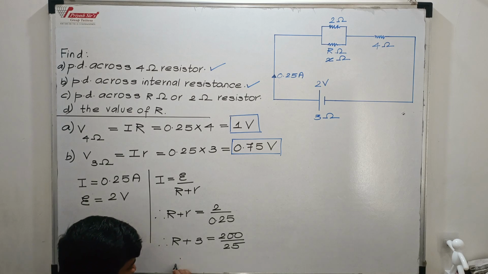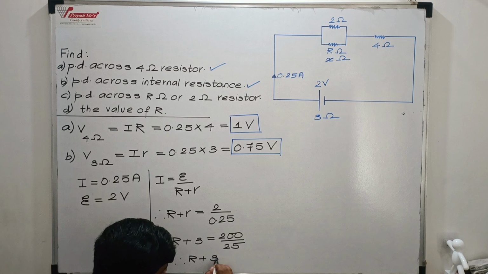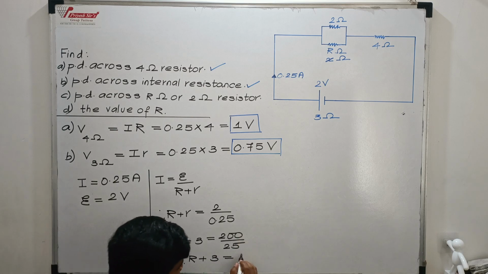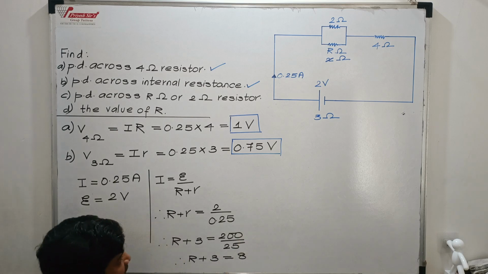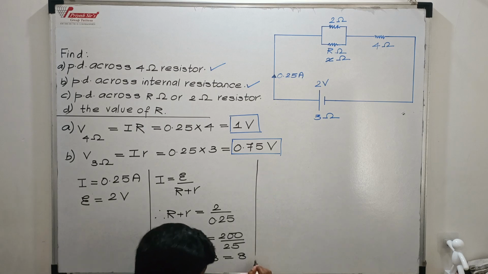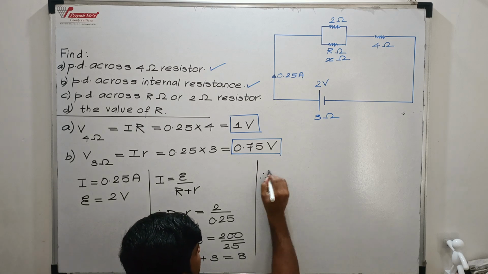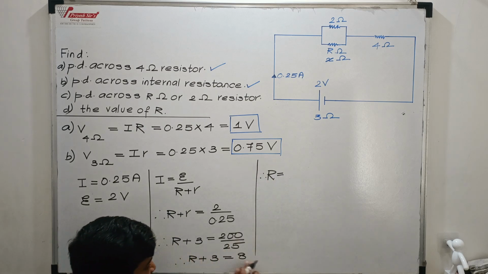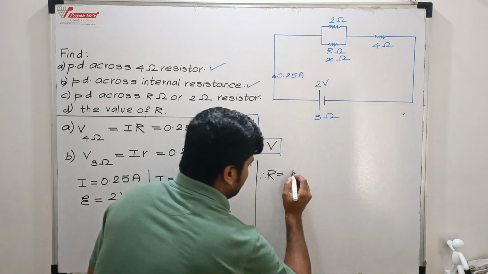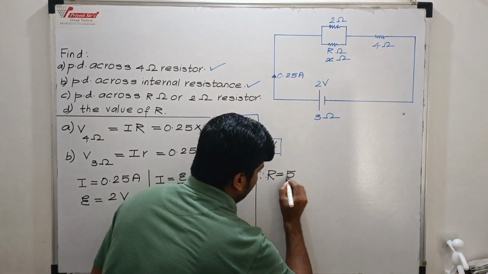So basically R plus 3 would be equal to 25 8s are 200. So now I can get capital R is equal to, 3 goes over there, so it's easy to solve now. So capital R is 5 ohm.